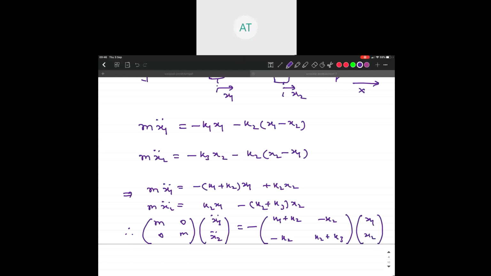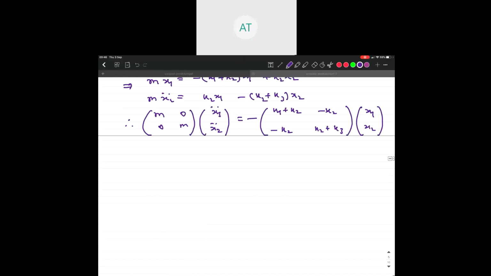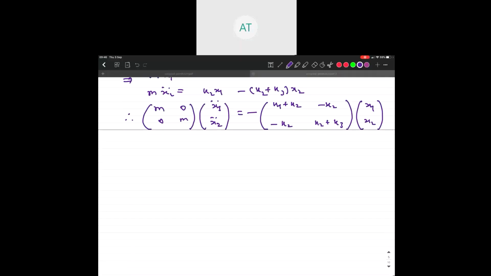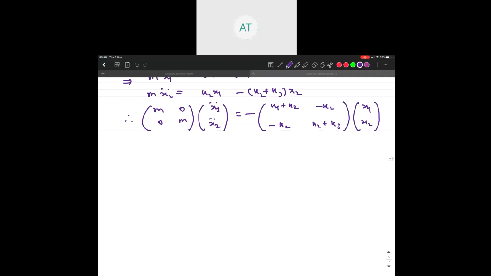So as if like this whole thing is now represented as a matrix M.